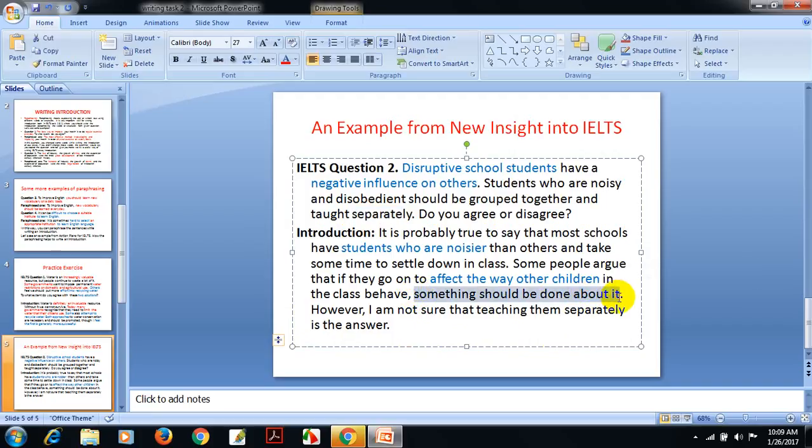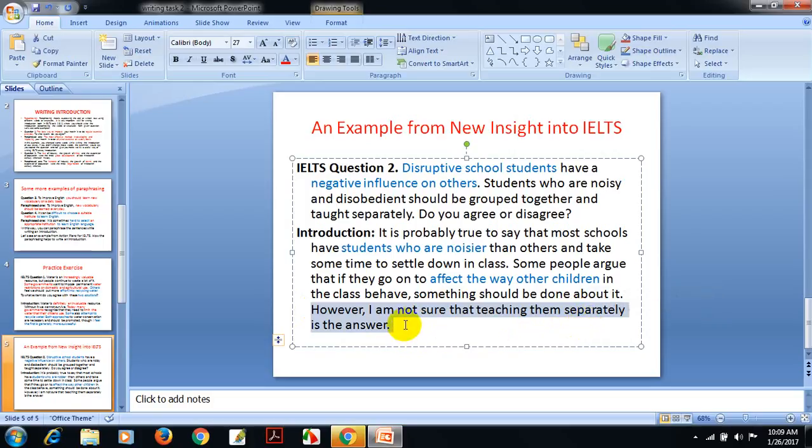It's necessary to do something to manage those disruptive students in the class. But he doesn't agree that teaching them separately is the best solution. So he's saying, I'm not sure. However, opposing view, I'm not sure that teaching them separately is the answer.